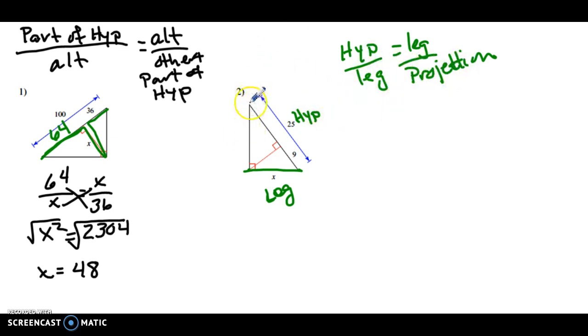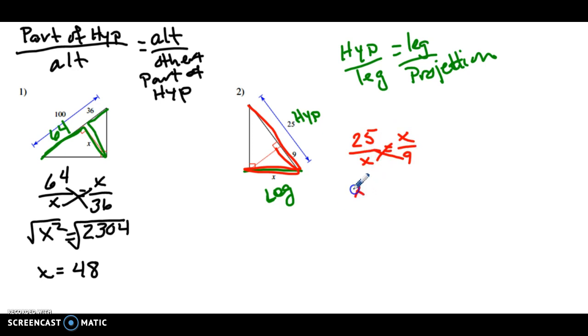Again, you can trace it. So the hypotenuse over the leg equals the leg over the projection. It's just that little part, 9. And so when I do this one, I'm going to say the whole hypotenuse, which is 25, over the leg, which is x, equals the leg x over its projection 9.